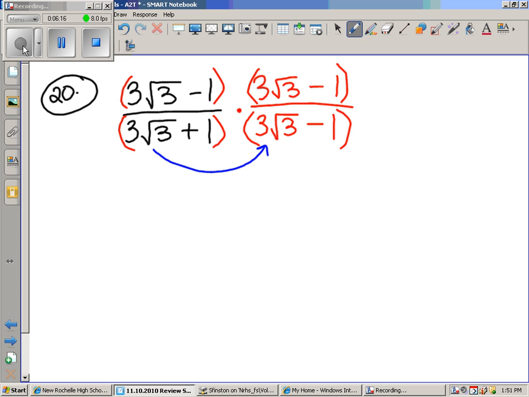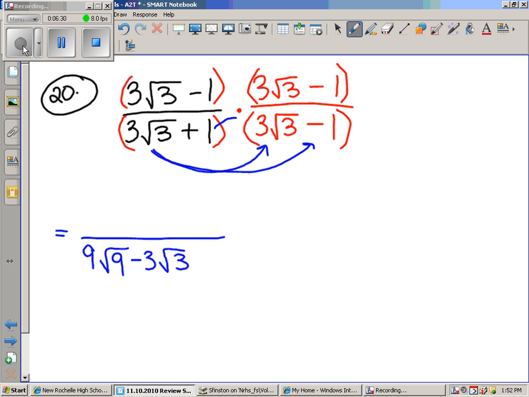Okay, so let's do this. Now you could take a shortcut with this, but a lot of people didn't understand it, so I'm going the long way. This is 9 square root 9 minus 3 rad 3 plus 3 rad 3 minus 1.